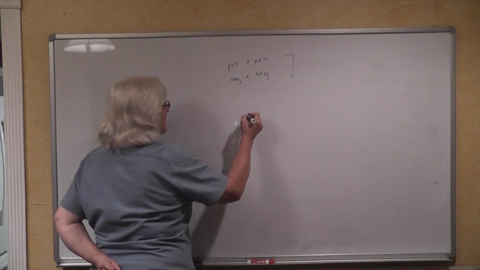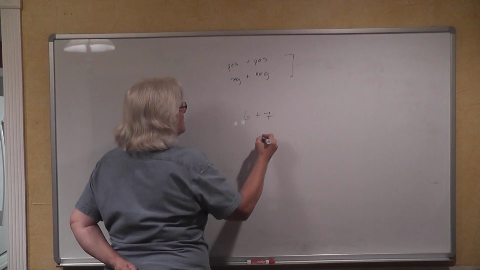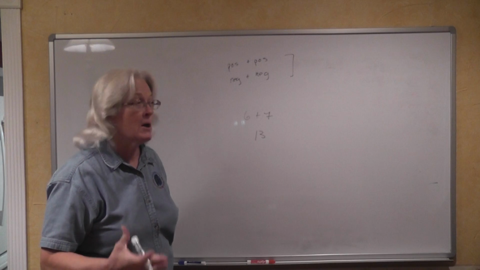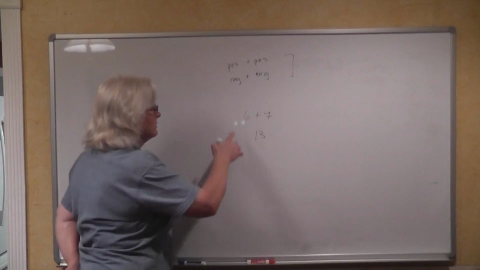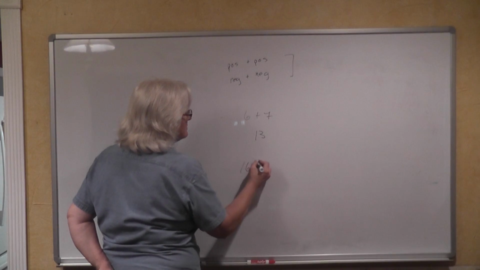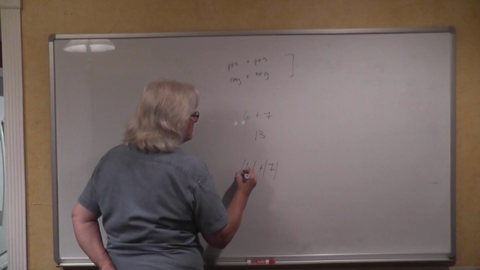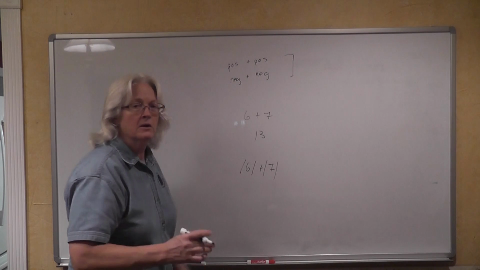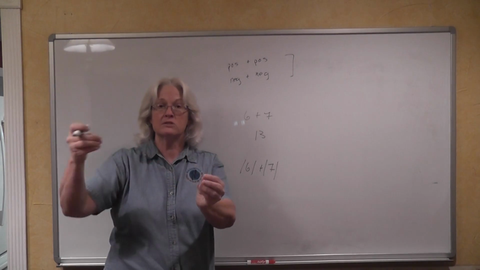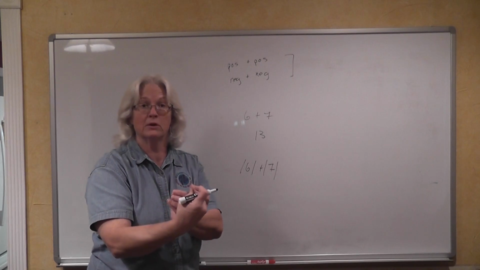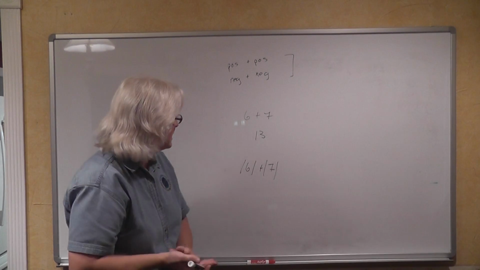Okay, if you have 6 plus 7, nobody needs to be taught that 6 plus 7 is 13. But using their rule, we would take the absolute value of 6 plus the absolute value of 7. And remember, absolute value is the distance from 0 on the number line. We talked about the distance from 0 again at the beginning of this lecture.